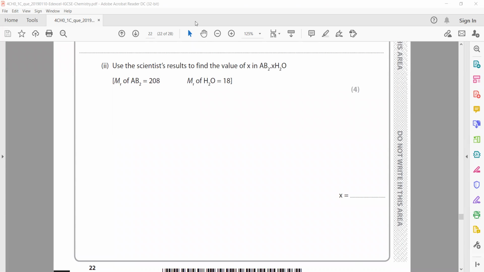Use the scientist's results to find the value of X. We have the relative molecular mass for AB2 as 208 and for water as 18. The original mass of the hydrated salt is 6.1 and the anhydrous is 5.2.